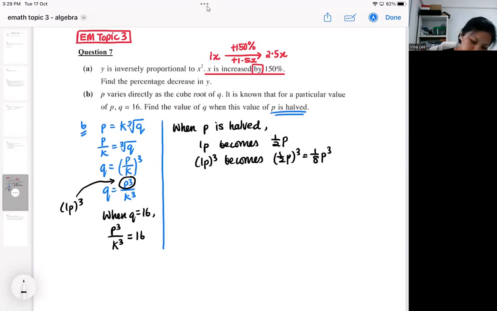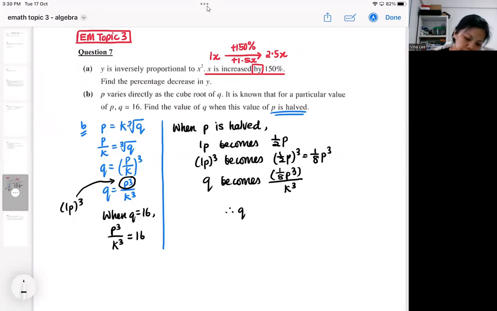And the q will become 1/8 p cubed over k cubed. These are the changes that happen. We explore what happened when 1p changes, and what happened when 1p cubed changes, and correspondingly how q changes.